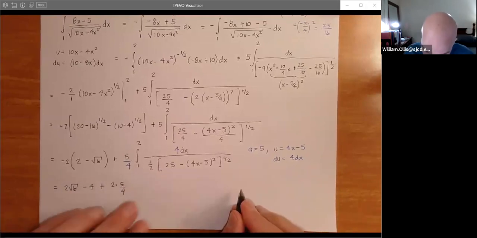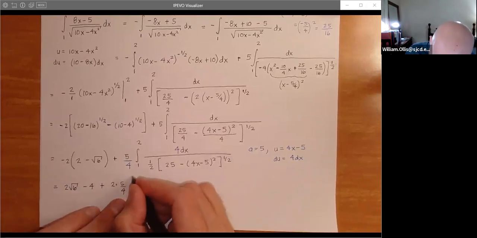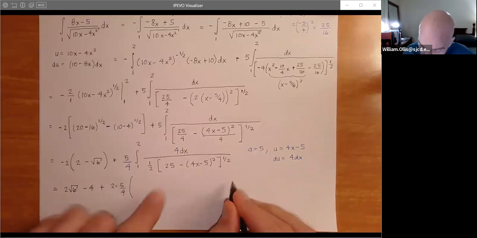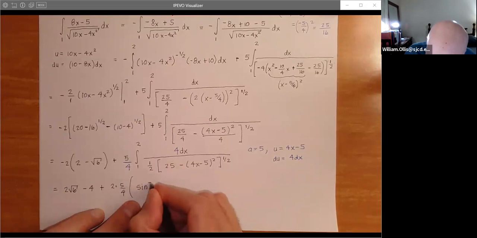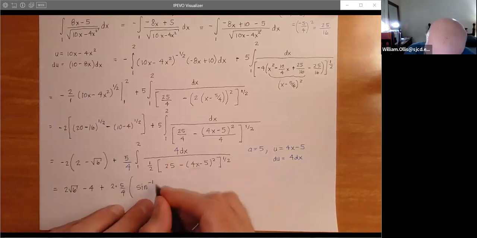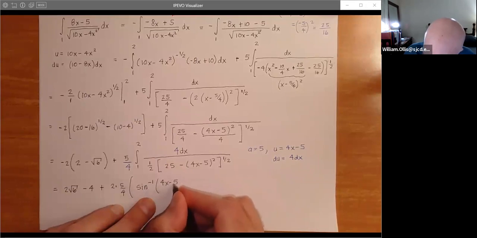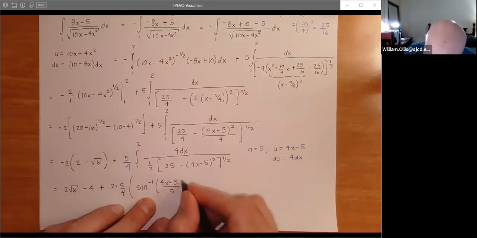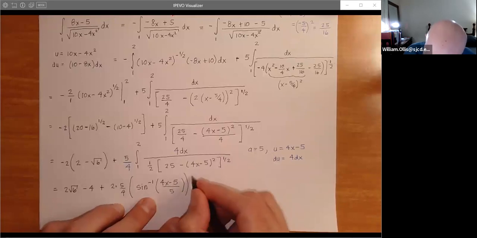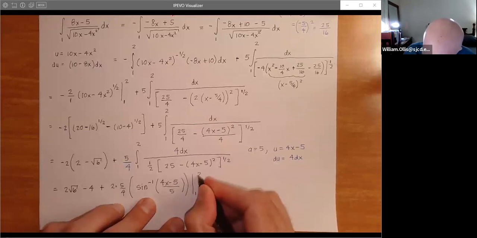And this is table ready. So this gives us the inverse sine of u, 4x minus 5 divided by a, which is 5. Evaluated from 1 to 2.